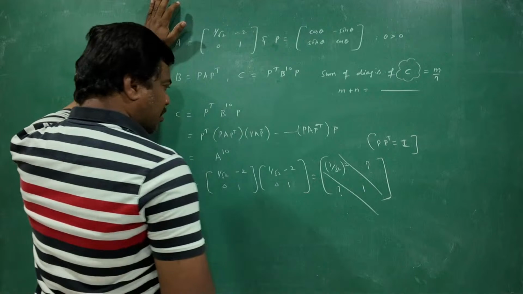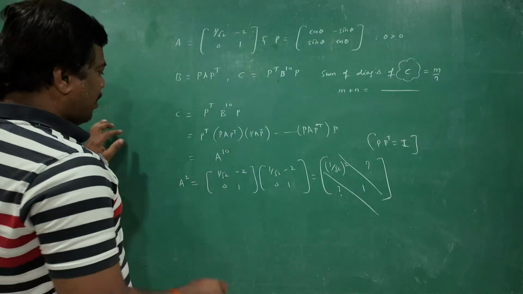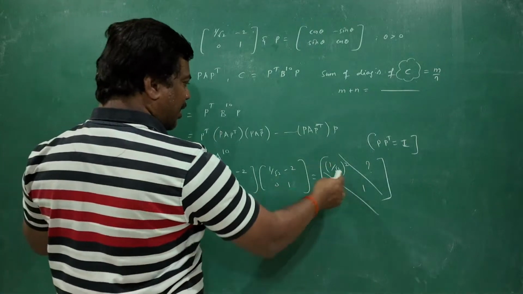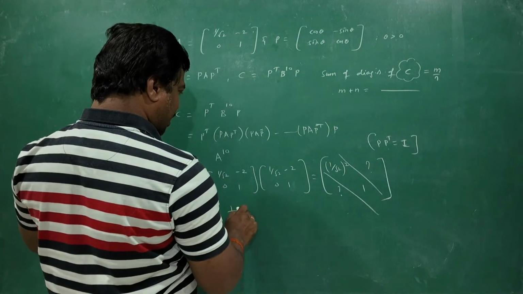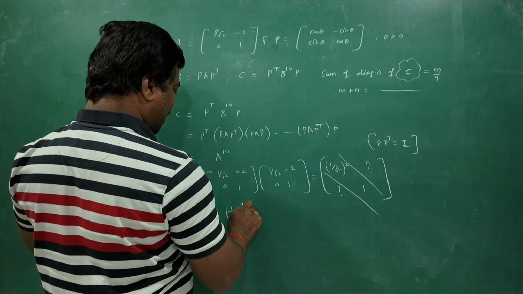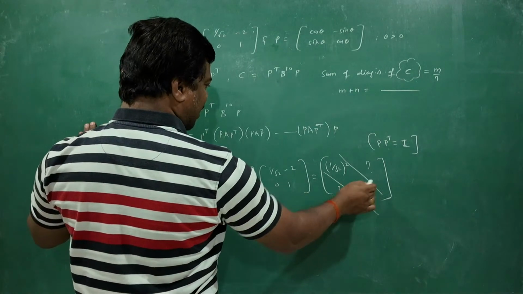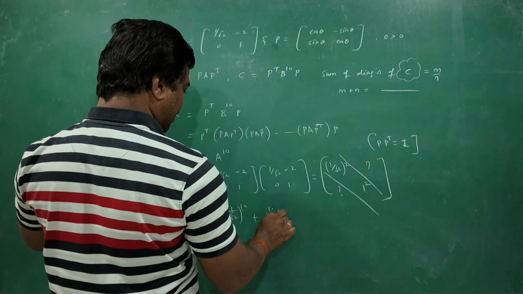Okay. So if you extend the power up to 10 times, for the diagonal elements you will get 1 by root 2 whole to the power of 10, and this is actually 1 into 1, 1 square. So you will get 1 power 10.